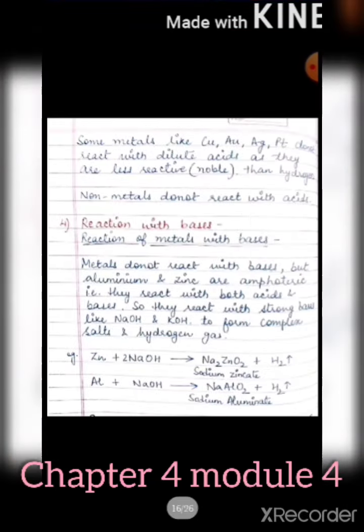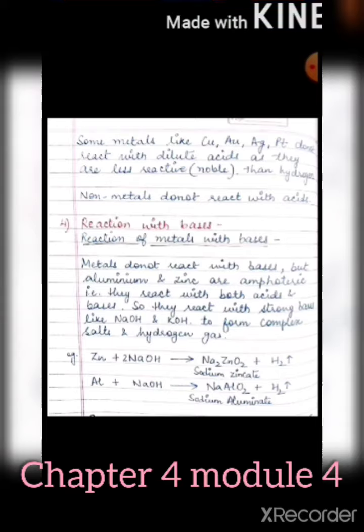Next is that some metals like copper, silver, gold, platinum do not react with dilute acids as they are less reactive or noble. So they are in the reactivity series. We'll be discussing it in the next part. In the reactivity series, hydrogen is much more reactive in comparison to copper, gold, silver, platinum, these types of metals.